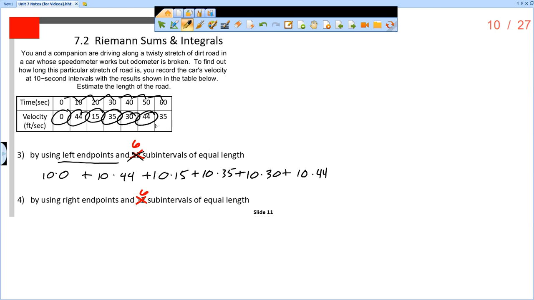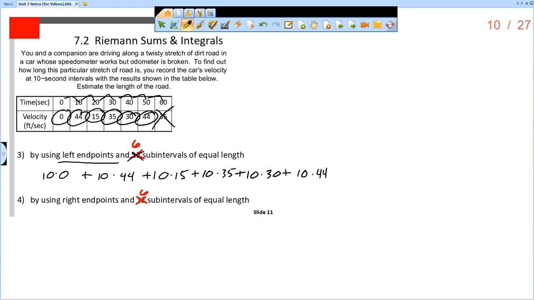So now you'll notice that this 35 never gets used because it is not the left-hand value in any of those intervals. Okay. So now obviously this one's pretty easy, right? We're just adding together those and multiplying, right?